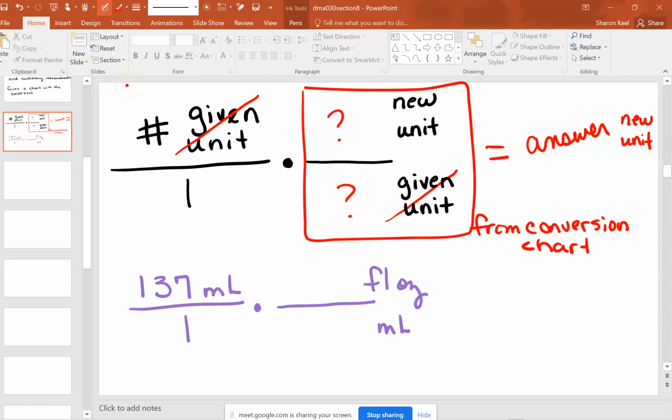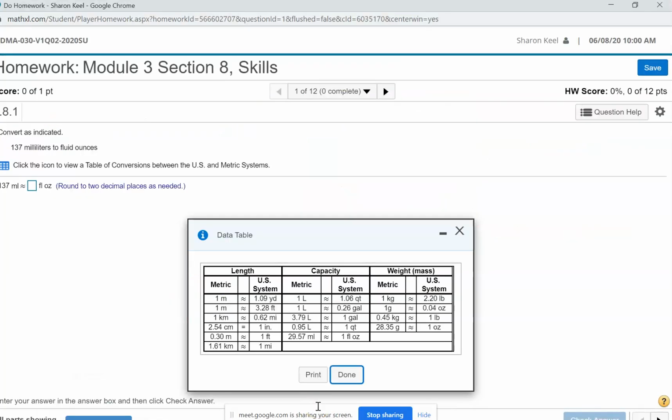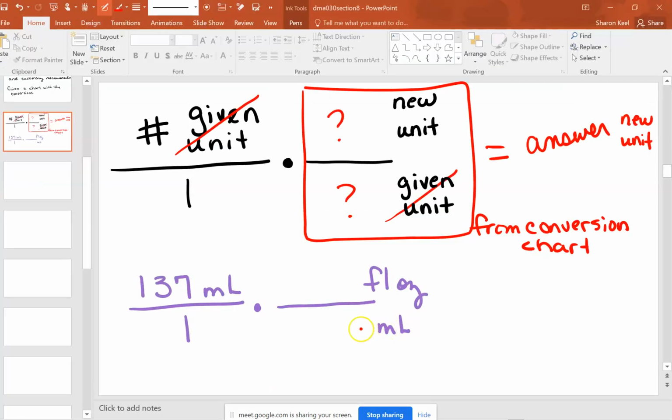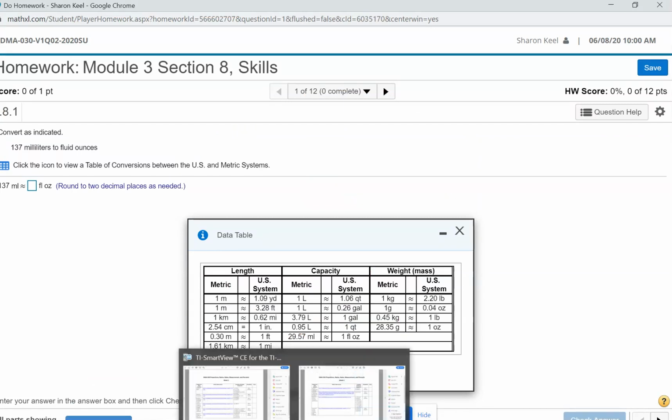They gave me the chart here, and when I look back at the chart, I went to capacity. We got liter, quart, liter, gallon, liter, quart. Here's milliliter, fluid ounces. So beside the milliliter, I'm going to put 29.57. Next to fluid ounces is the number 1.